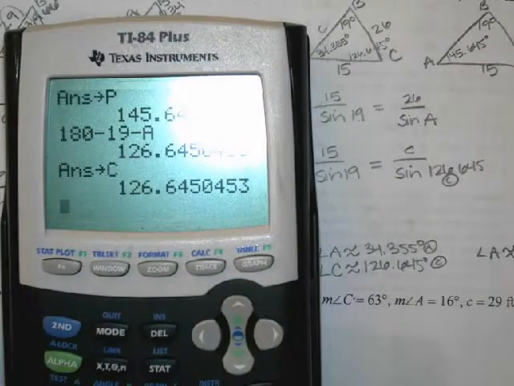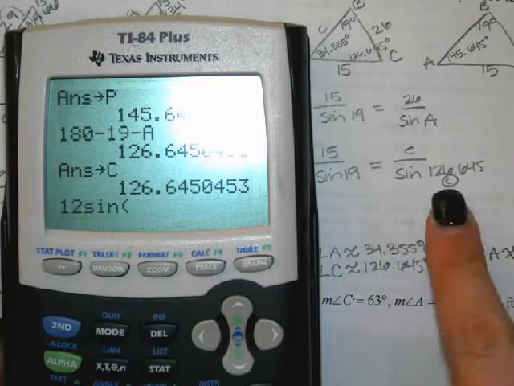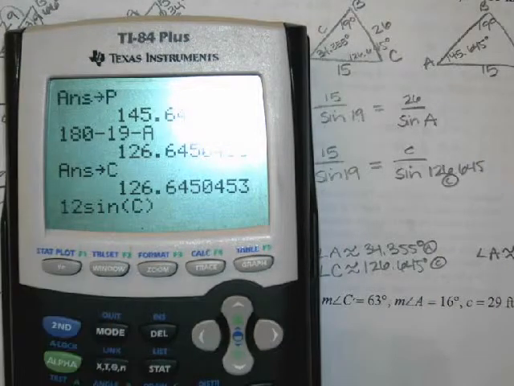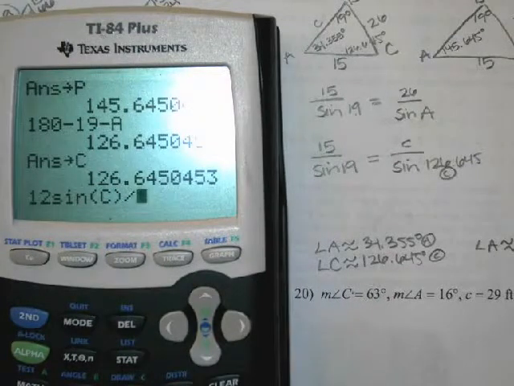Cross multiply. So we're going to do 15 times sine of what we stored as C, divided by sine 19.